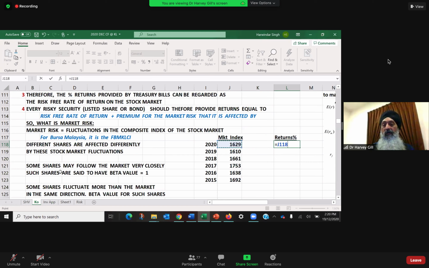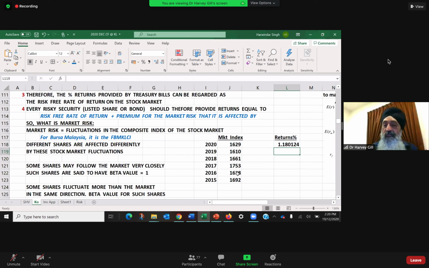Yeah. Maybe in brackets might be better. 1629 minus the index at the start of our analysis 1 year ago, divided by the index 1 year ago, expressed as a percentage. Yeah, for those of you who want the Excel tips, that's what you do. And you will get your returns 1.18.